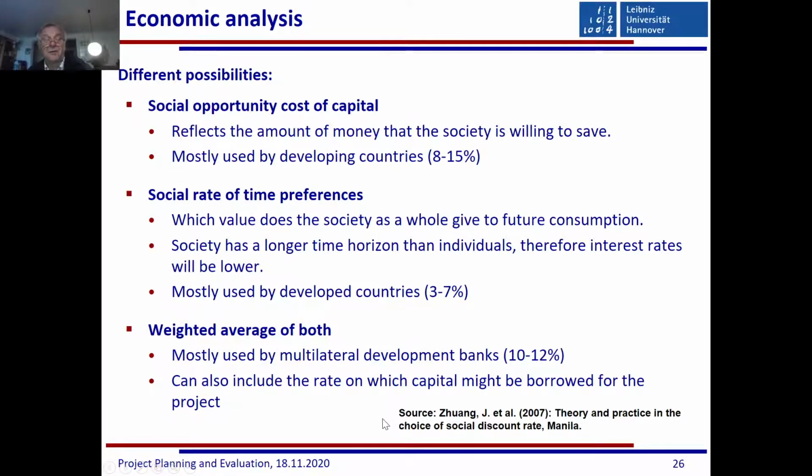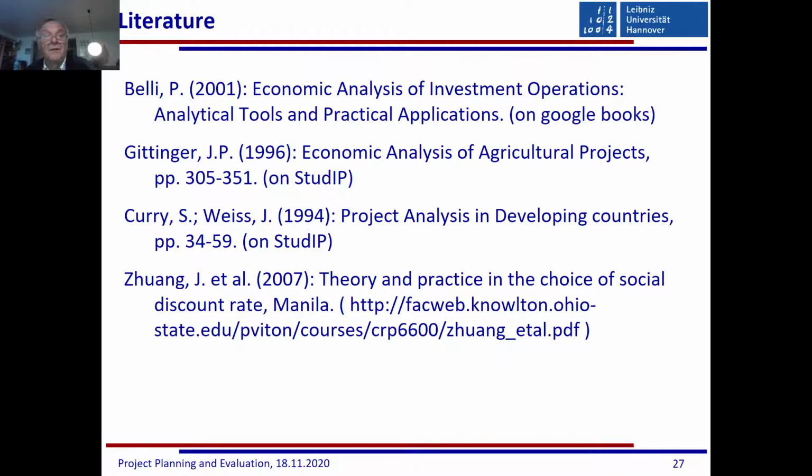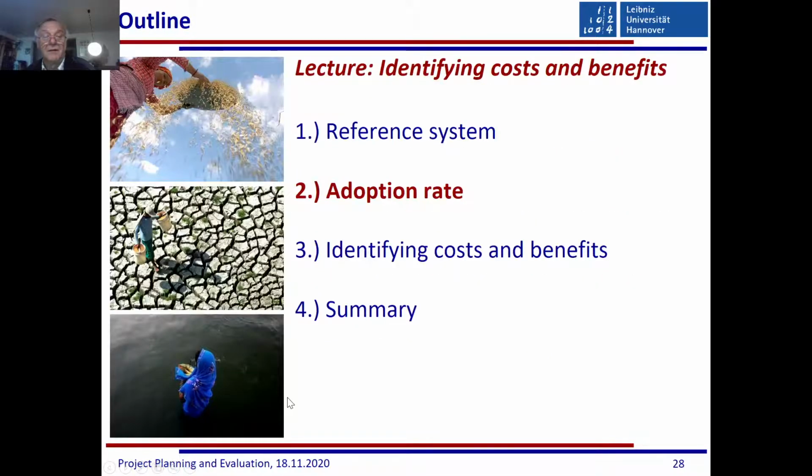That could also be a basis for the social rate of discount. Okay, so this is some literature which I guess you already have received. I hope so, at least. And then you can reassess this. Now, let's go to another point, and that's equally important, and especially important for agricultural projects.